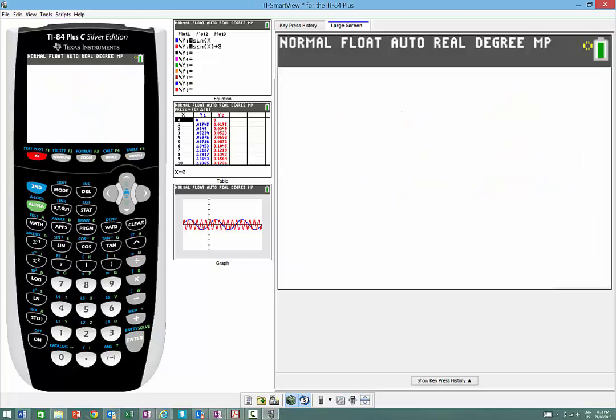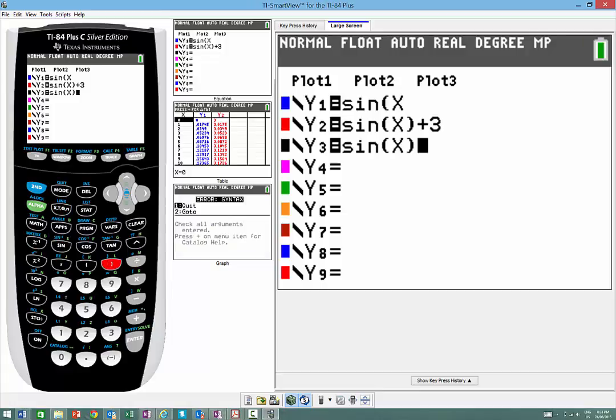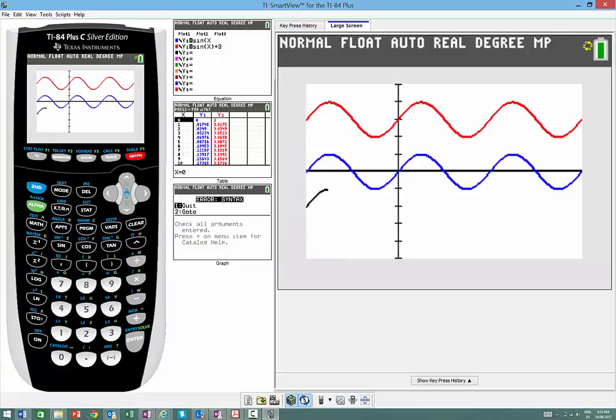So let's just try another one. If we did sine of x take 2, we'd be expecting to see that translate downwards by 2. So now it's oscillating between -1 and -3.